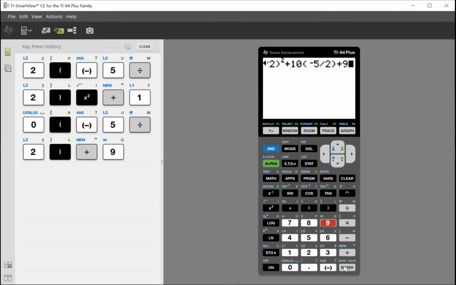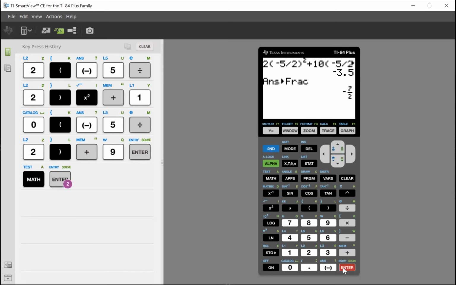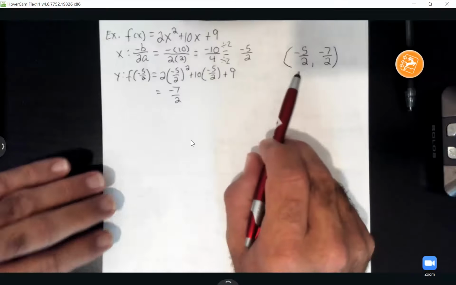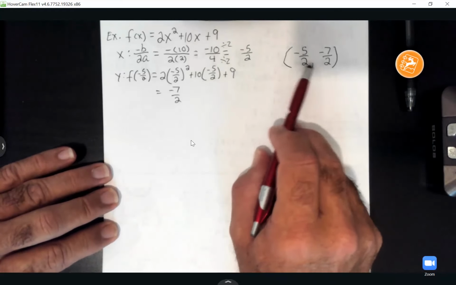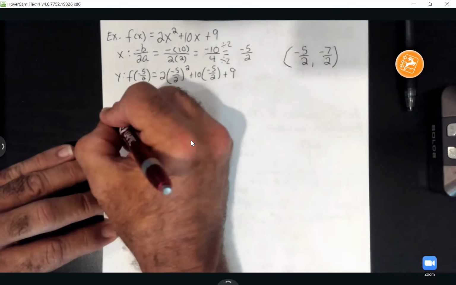So I'm going to hit enter. So I'm getting a negative 3.5. So let's make that a fraction by hitting math and enter twice. So I get a negative 7 halves. So the Y value is a negative 7 halves. And on this one, it always ends up in halves. So I'm pretty sure y'all's will all end up in halves like mine.